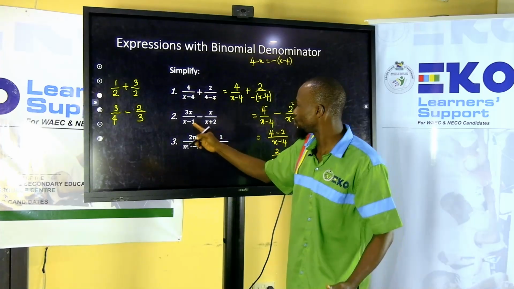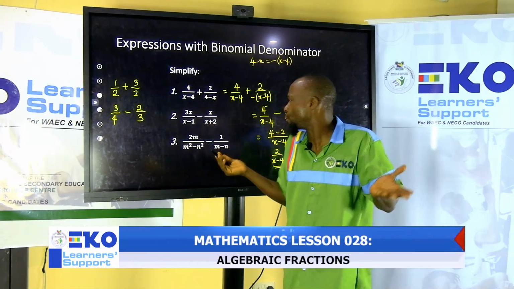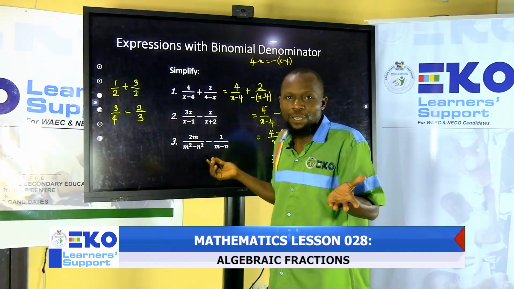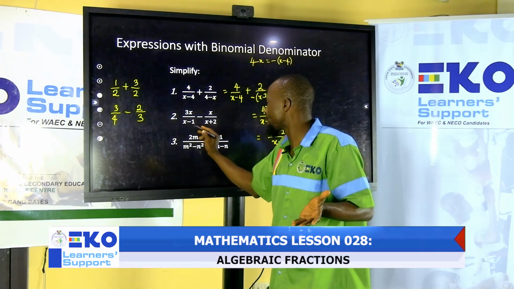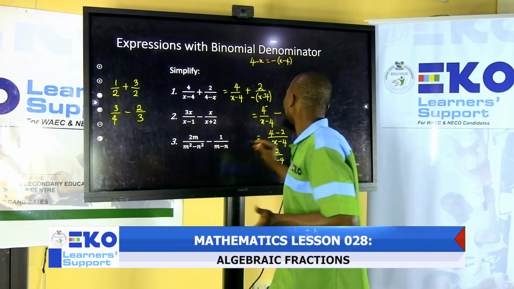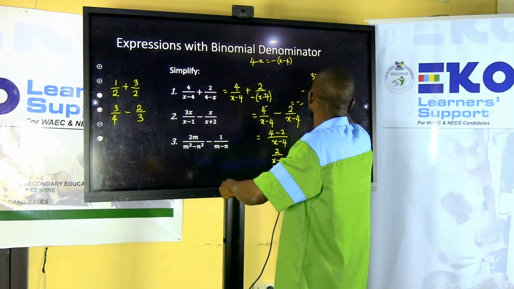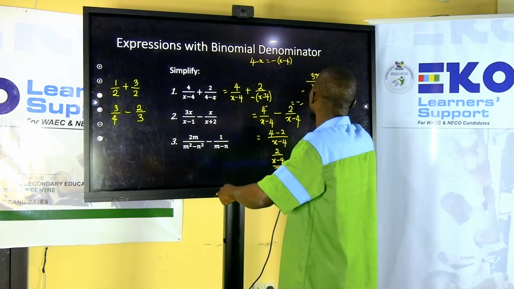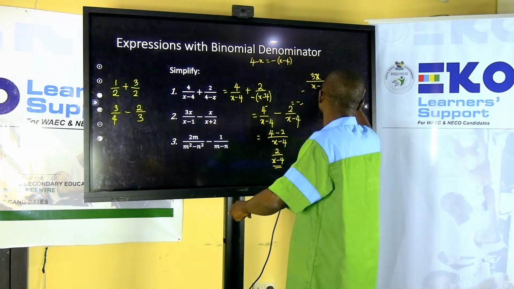The next one, you can see here they have different denominators. You can just test a value, possibly test x equals 5, 5 minus 1, 5 plus 2. So in this case, we have 3x over x minus 1 minus x over x plus 2.